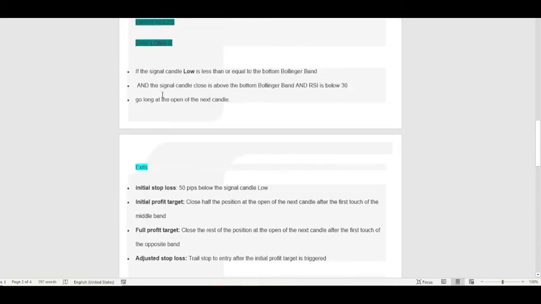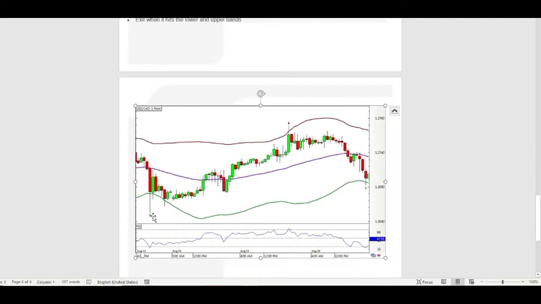And the signal candlestick close is above the bottom Bollinger Band, the lower band, right? So we are saying the low should be less or equal to this.